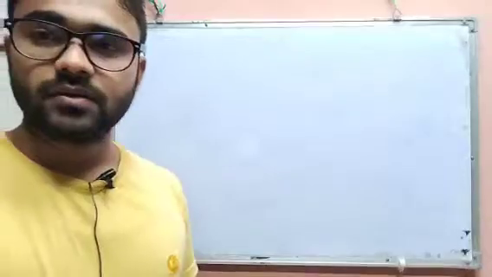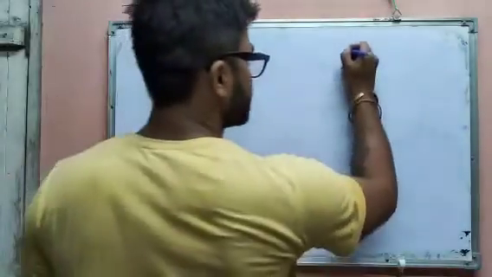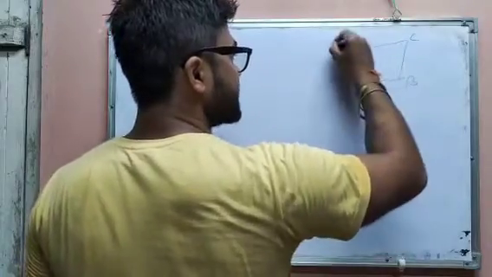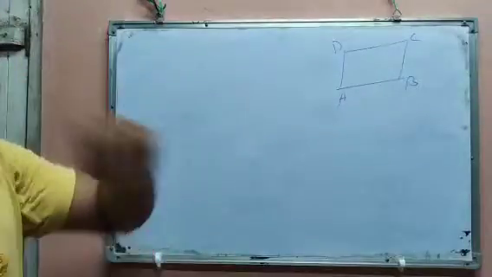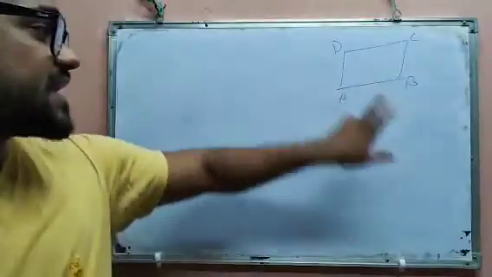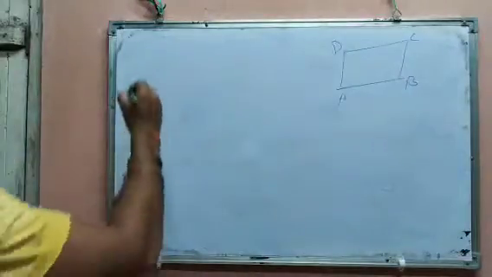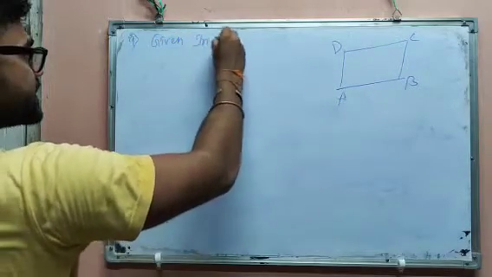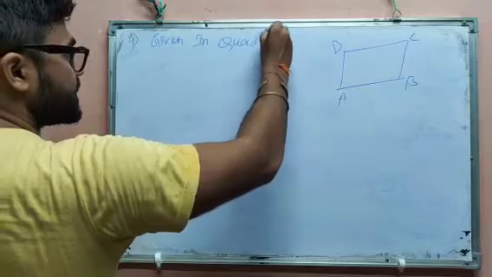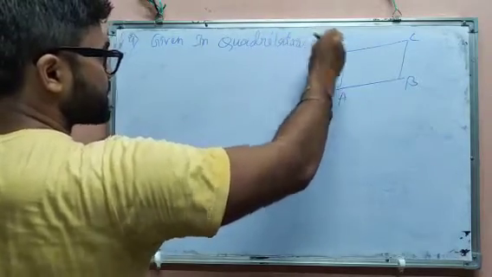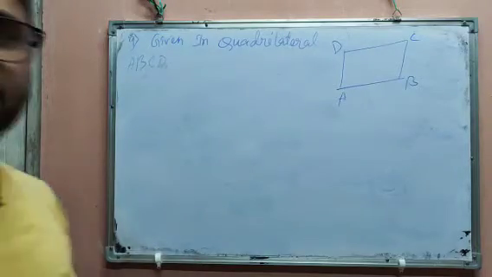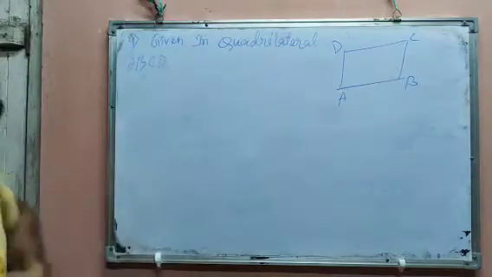Okay. So now the next question, what is given? A quadrilateral is given. This is angle A, angle B, angle C, and angle D. In question 9, it says that in quadrilateral ABCD, these three angles are equal.